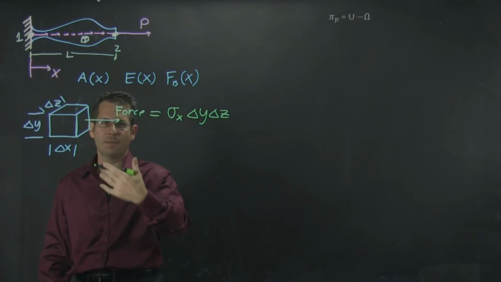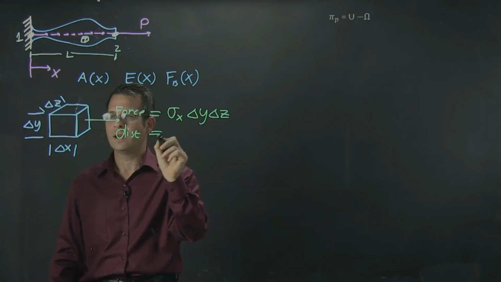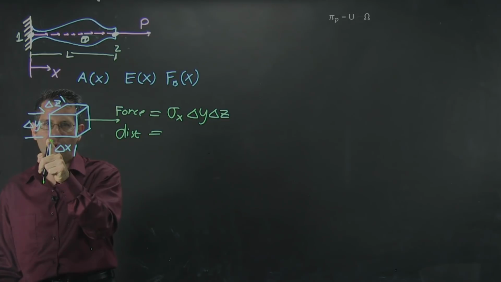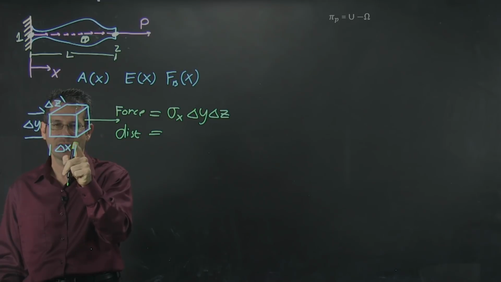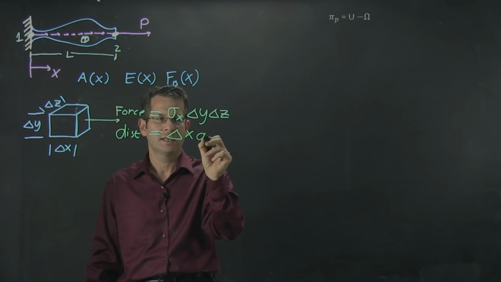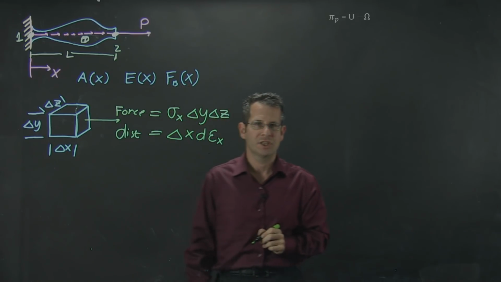I need to find my distance. My distance is going to be the change in strain from this point here to this point here times the length from here to here. That's dx. So my distance is dx d strain in the x direction.